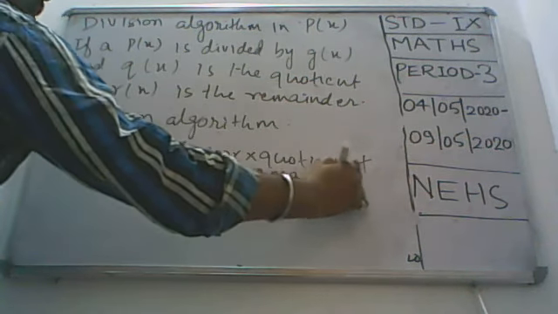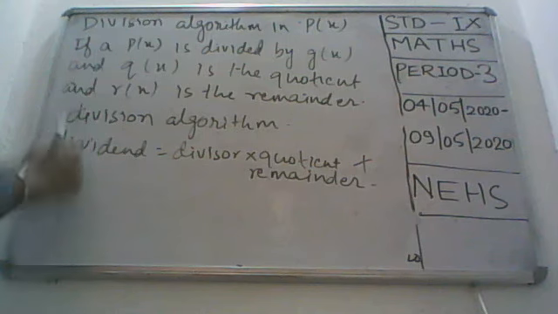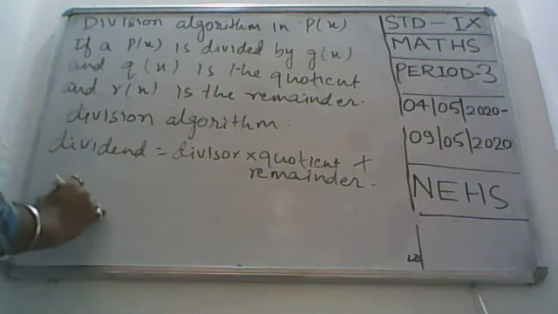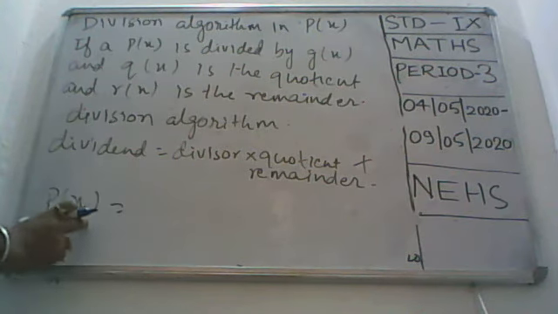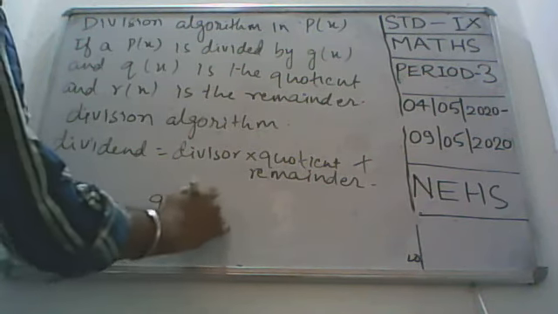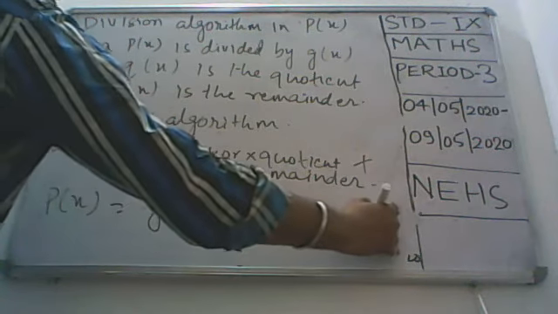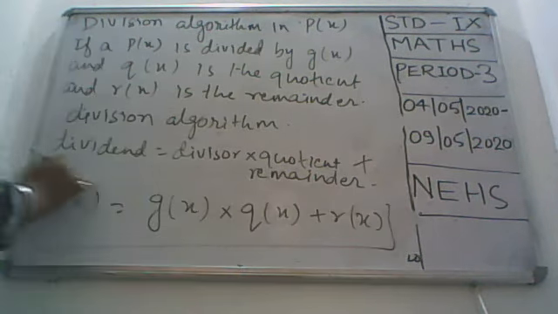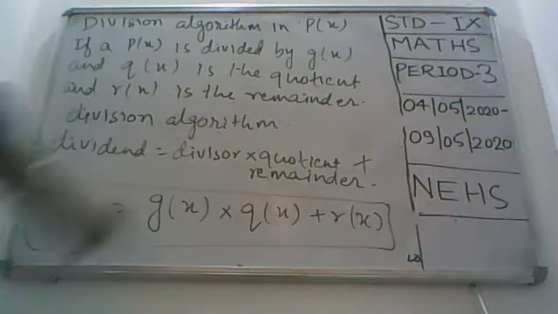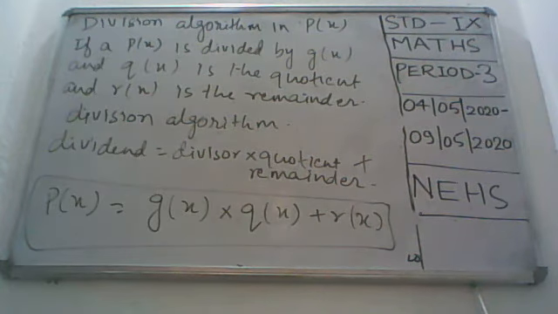Clear? That means my dividend is Px. So Px, that polynomial, is equal to divisor Gx times quotient Qx plus Rx. This is a very important algorithm, and we will use it in our remainder theorem and factor theorem. But here we have to learn only the division algorithm.